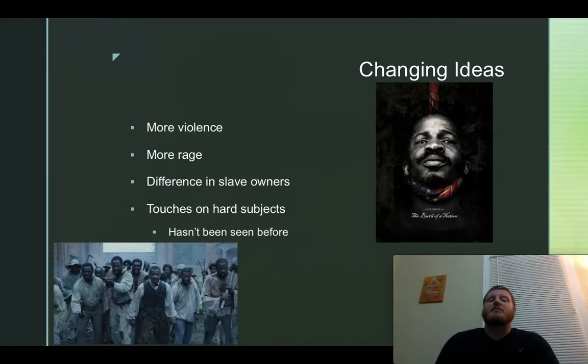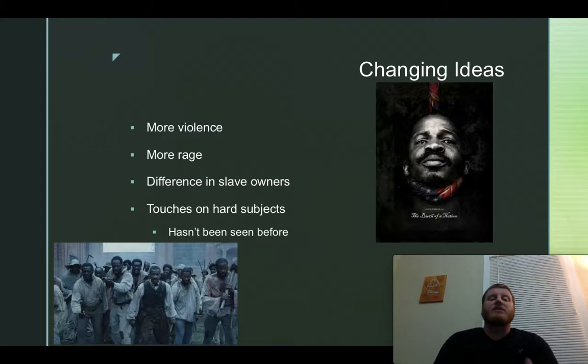For example, as I said earlier, the scene of the slave getting his teeth knocked out and being forced to swallow them, that is a very violent thing to show. But it is an accurate thing to show because there was a lot more violence in this time era than what had been represented before on film.